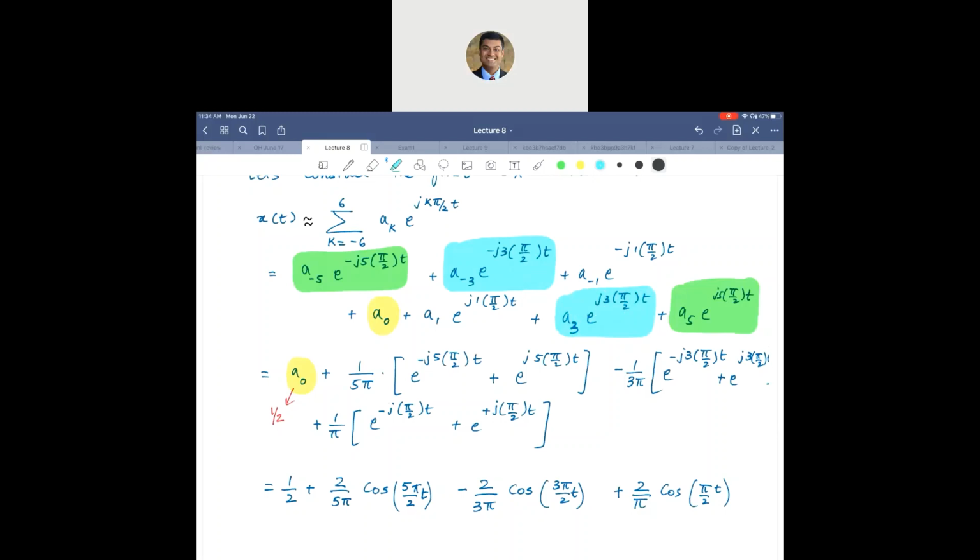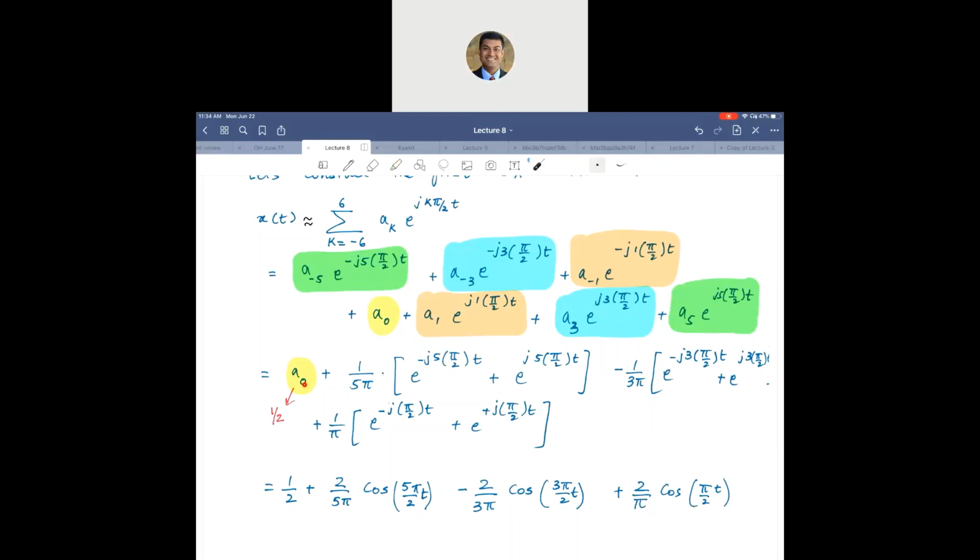And the last one, maybe I can draw it in a slightly different color. This guy and this guy. We are trying to combine the terms in which the power in the complex exponential is consistent so that we can use Euler's identities to simplify further.